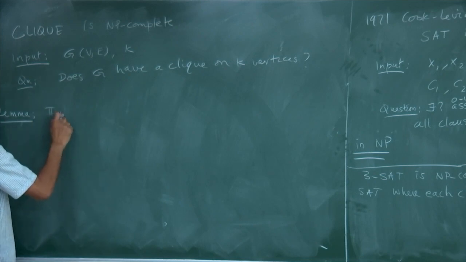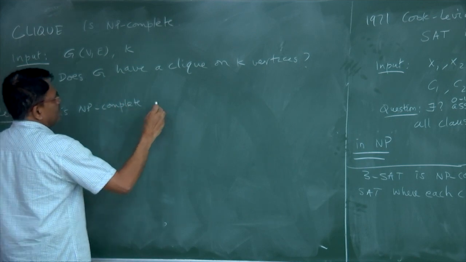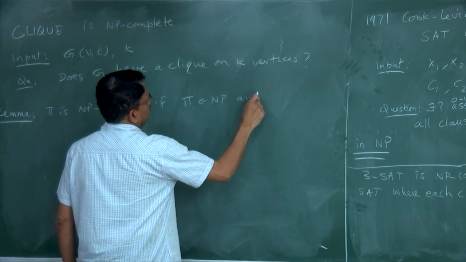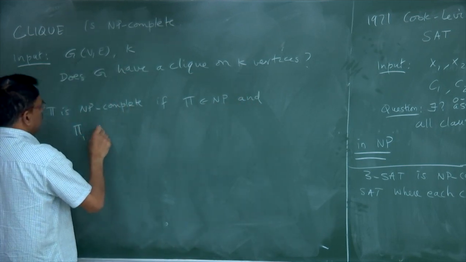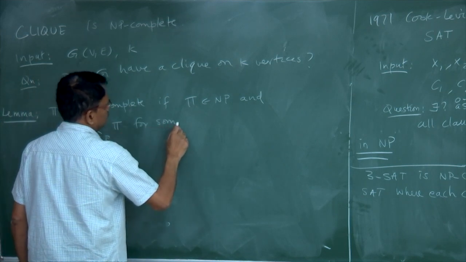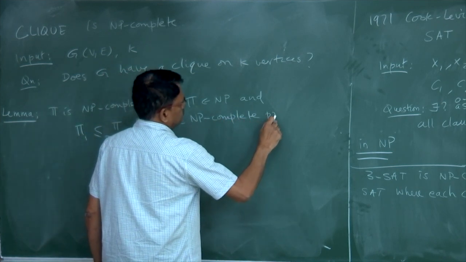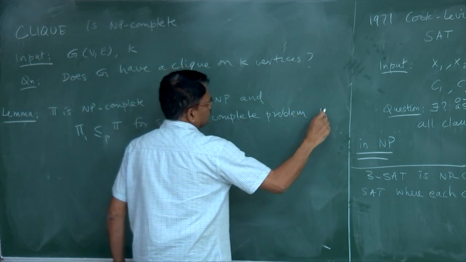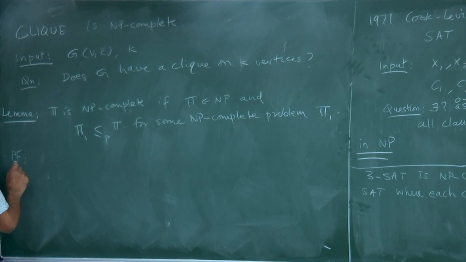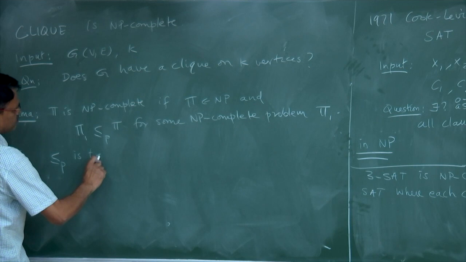Pi is NP-complete if pi is in NP and pi 1 reduces to pi for some NP-complete problem pi 1. The proof is basically because reduction is transitive.